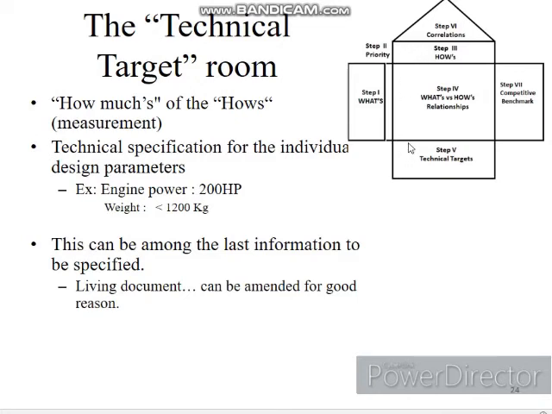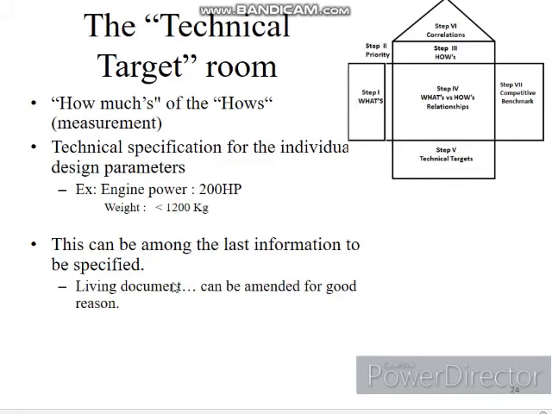So at the technical target room, what we have to do is specify the individual design parameter technical targets. So these are like design targets or design specifications for a particular design parameter. For example, engine power 200 horsepower, weight less than 200 kilograms. So this is where we put that in.